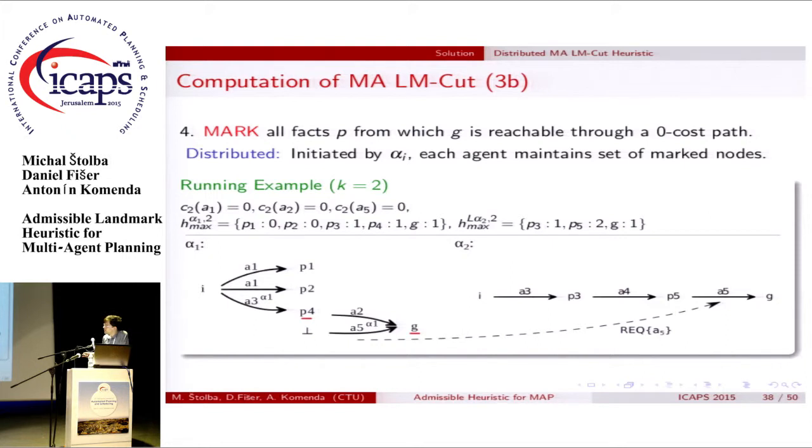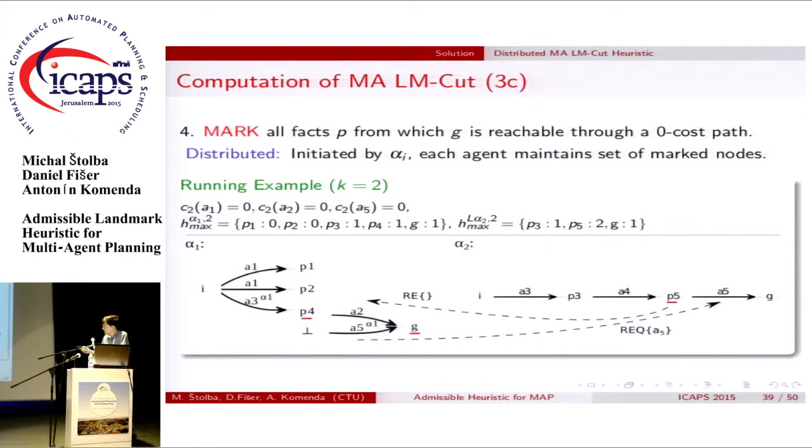What is important here is that we have reached this projected action during the search. So in that case, the initiator agent sends a request to the owner of the action, and the owner of the action continues the search from this action. Now he can find only this fact from which it is reachable through a zero-cost path, and it sends in reply all public actions which were encountered on the way. Here there are none.